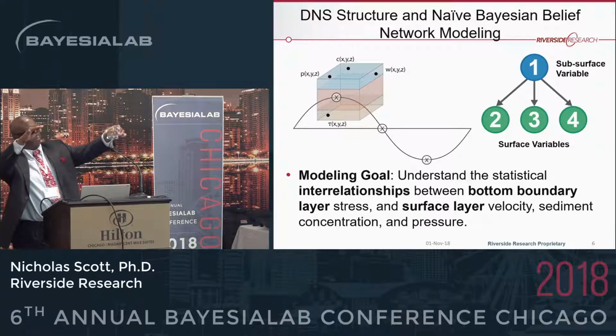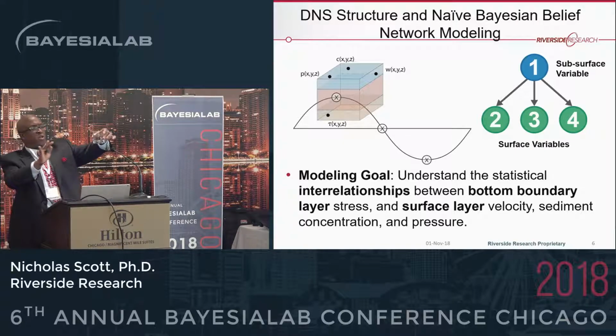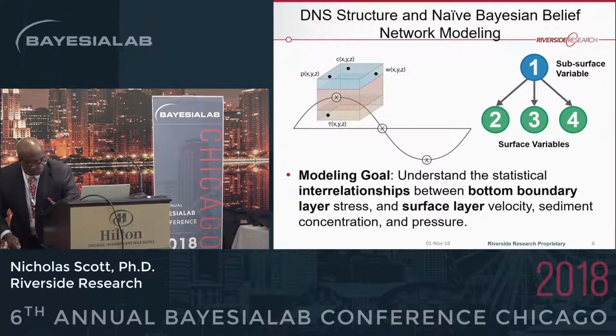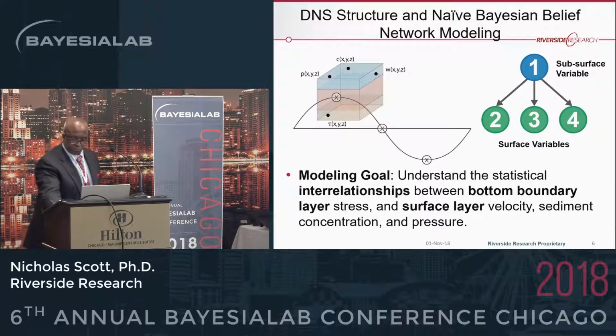So think of this water as being stressed by a pressure gradient back and forth, and then ask yourself, how does the surface relate to the bottom? Again, the modeling goal: understanding the interrelationships between the two.